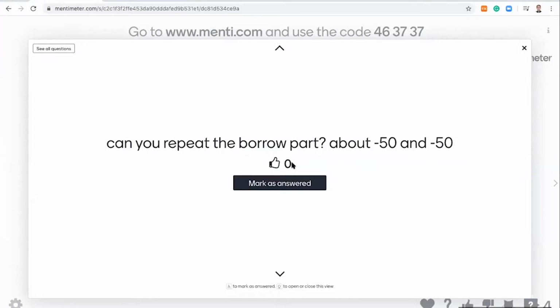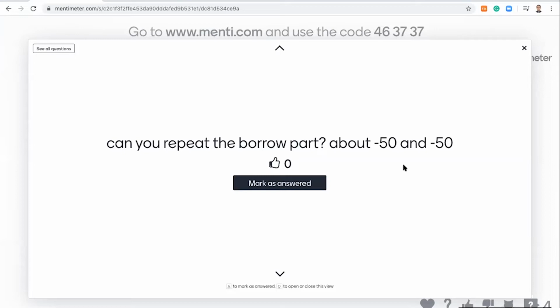Okay, can you repeat the borrow part about negative 50 and negative 50? And actually, that's very simple. If you borrow the money from a bank, you have to pay back with interest. And since the interest rate here is 25%, if you borrow $40, then the interest is $10.